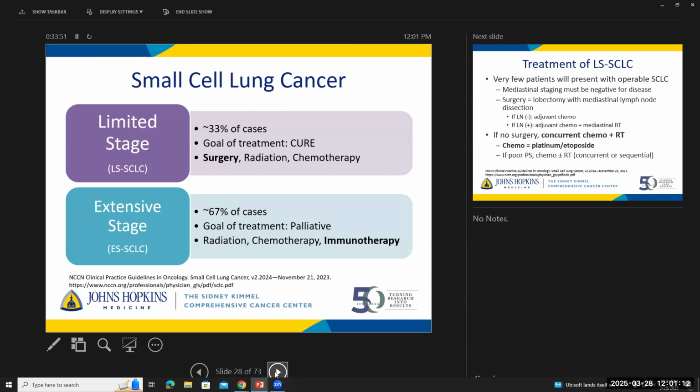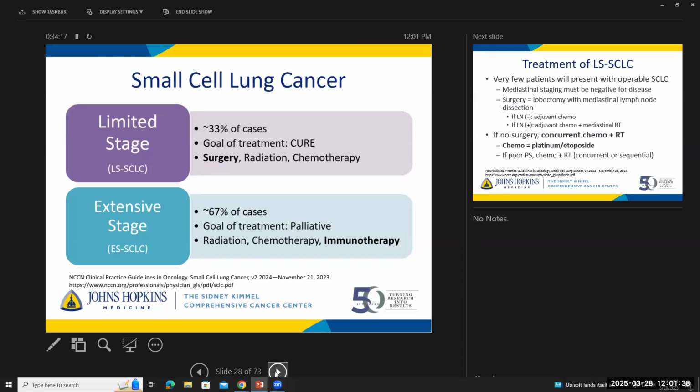That's important because if the cancer can all be encompassed in one radiation field, then it's curable. So what you need to know is limited stage disease is curable, extensive stage disease is not. 33% of cases present with limited stage, so that's not very many. These patients are curable. We can do surgery, but we most often need to do chemotherapy and radiation combined.